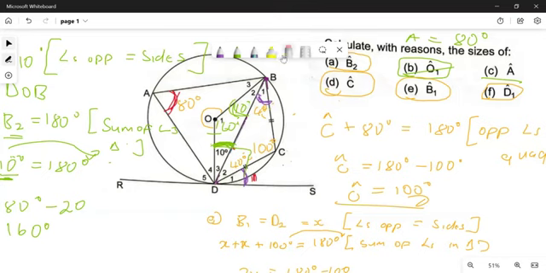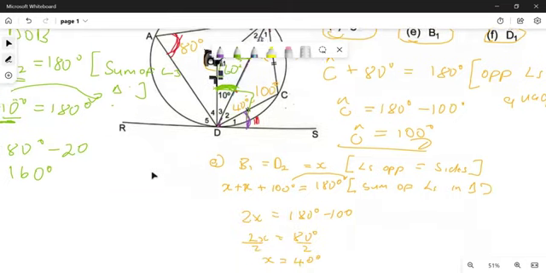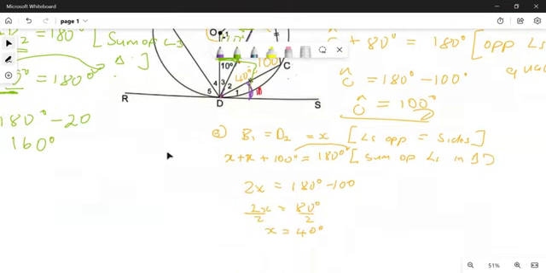So we'll say D1 plus D2 plus D3 is going to give us 90 degrees. So that is going to be our number F. On number F, D1 plus D2 plus D3 is equal to 90 degrees, and the reason we are going to use here is tangent perpendicular to radius.